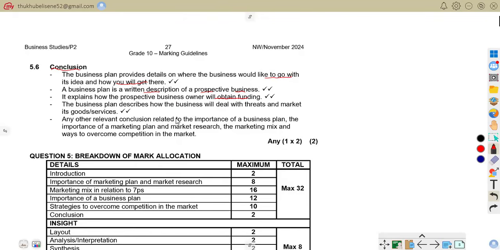That is the business plan that will enable you to get funding. The business plan describes how the business will deal with threats and market its goods or services. So any relevant answer in those mentioned points will be accepted. So now we have to move on to question 6.